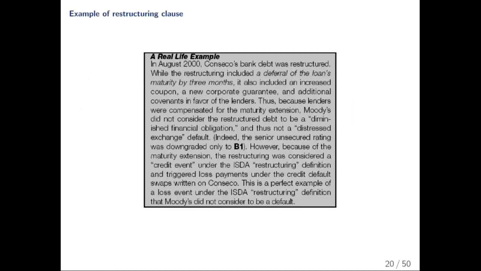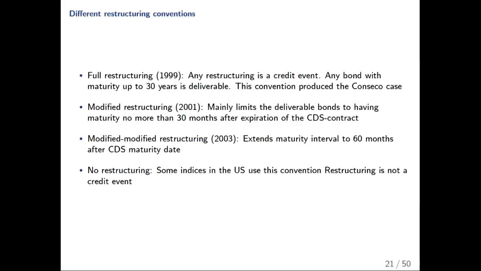After the Conesco case, because Moody's did not deem this a credit event, the CDS contract started to be modified. For example, now we have a modified restructuring event, which limits the bonds which can be delivered up to a maturity of 30 years, after which a CDS contract will not be triggered.